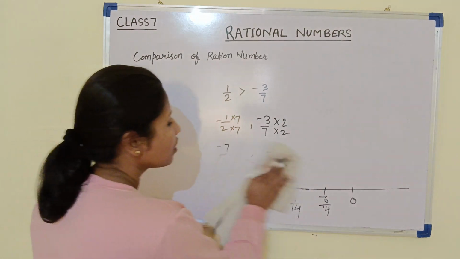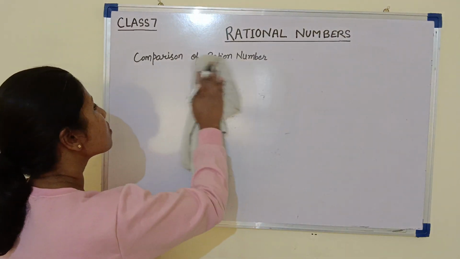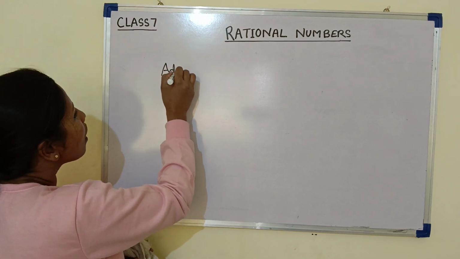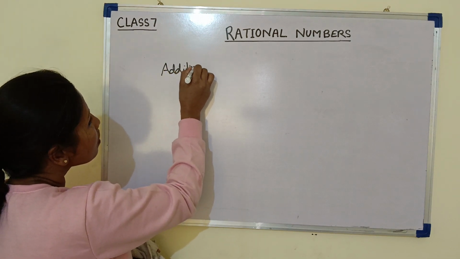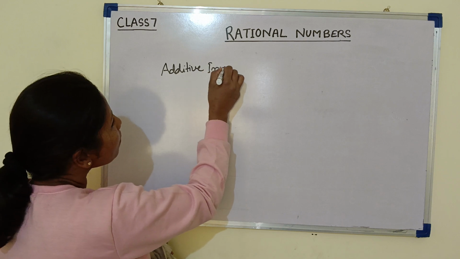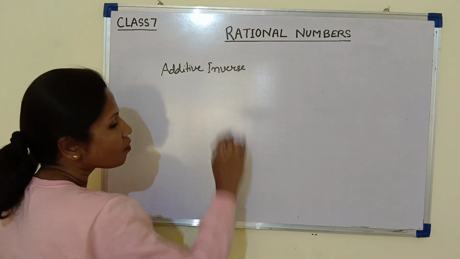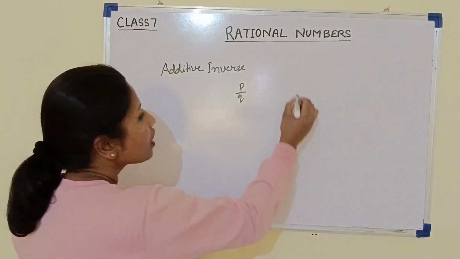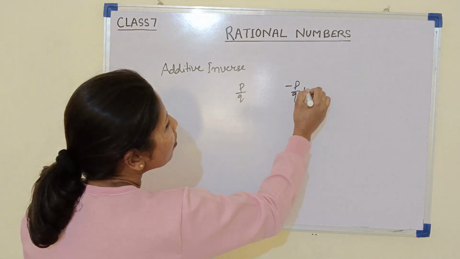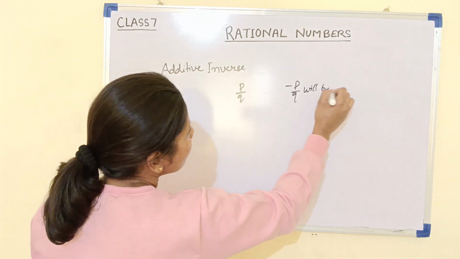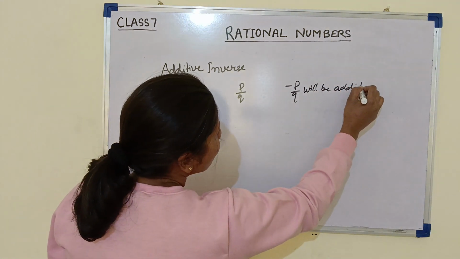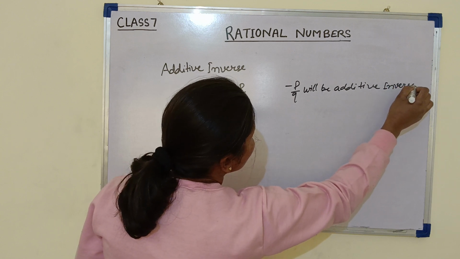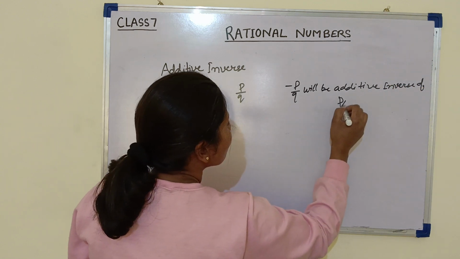fine. Then there is one concept of additive inverse. What do we call additive inverse? Suppose p by q is a rational number, then minus p by q will be the additive inverse of p by q.